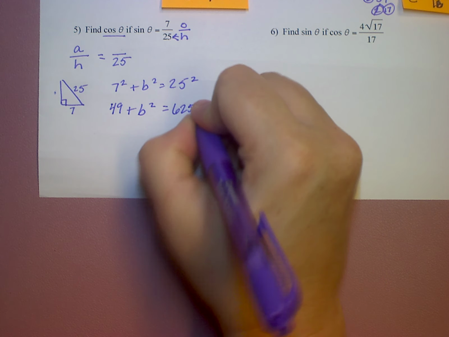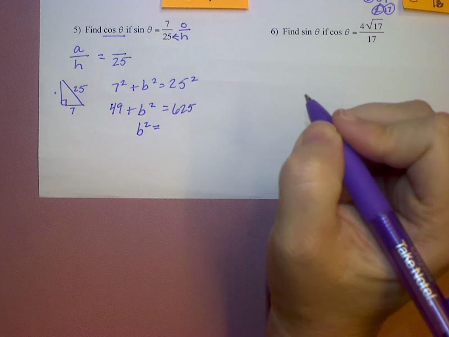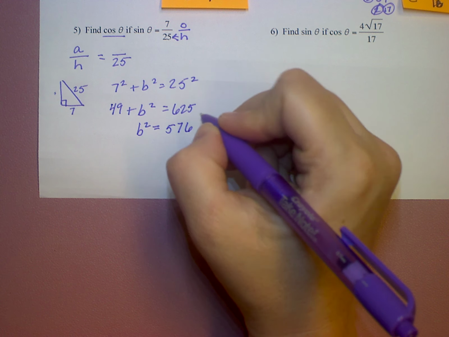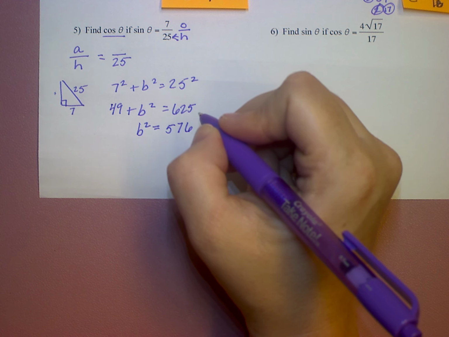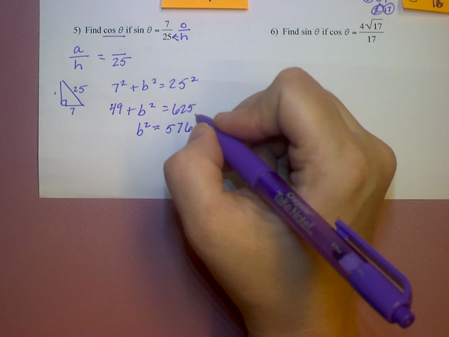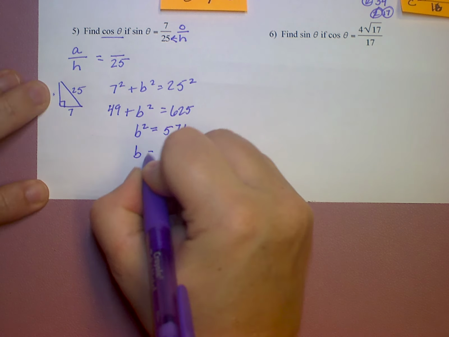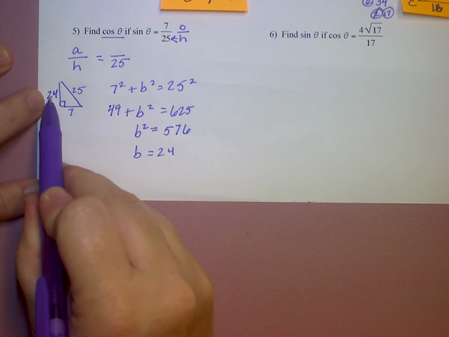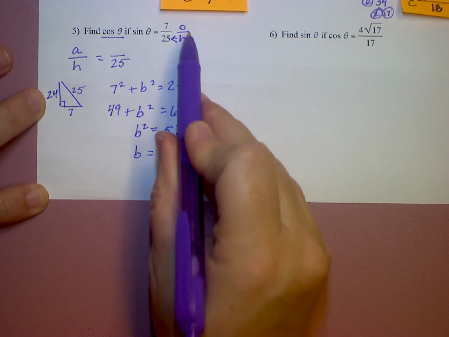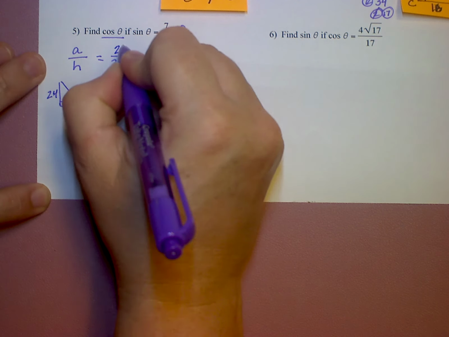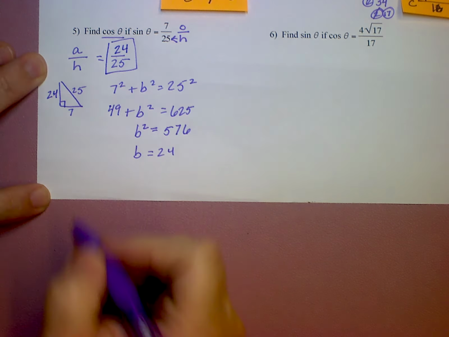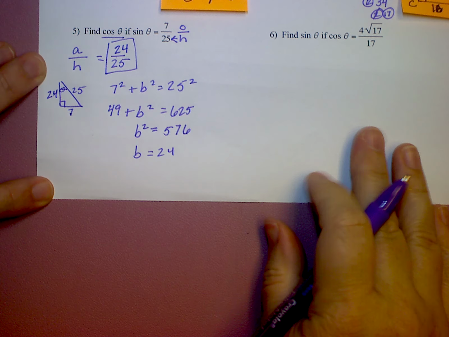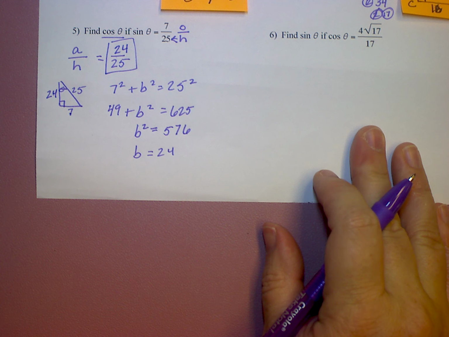So b squared equals 576, and b equals 24. So there's my 24. Has to be the adjacent side because that's the only one not represented there. So 24 goes right there, and that's my answer. By the way, this would be theta because opposite and hypotenuse, that's your sine values right there. Does that kind of make sense?